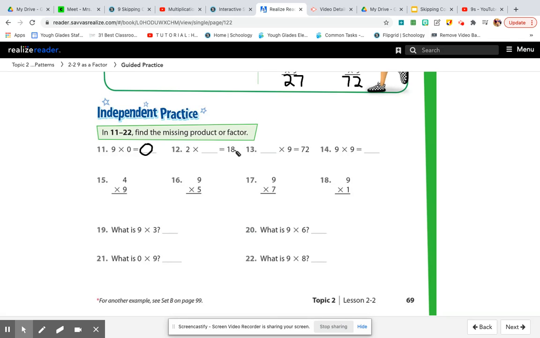So you can do this a few ways. 18 here. Now you know that this is a doubles fact because any number times 2 is just double that number. So if you know that 9 plus 9 is 18, then you know this would be 9.